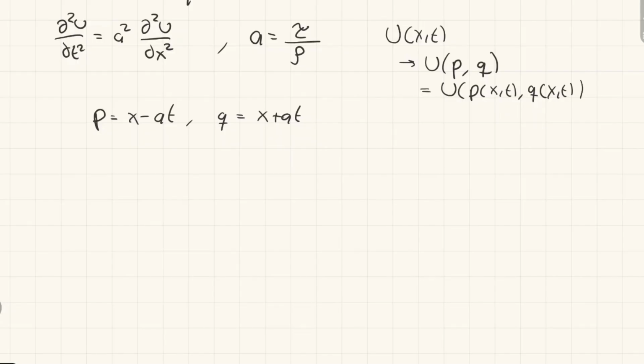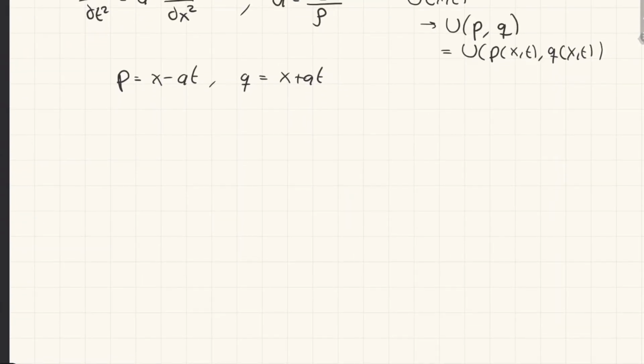And then to express the derivatives of u with respect to x and with respect to time in terms of p and q, we are going to calculate the derivatives by using the chain rule, right? So the derivative of u with respect to x is the derivative of u with respect to p times the derivative of p with respect to x, plus, since u is a function of p and q, the derivative of u with respect to q times the derivative of q with respect to x.